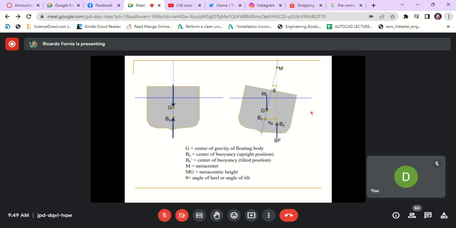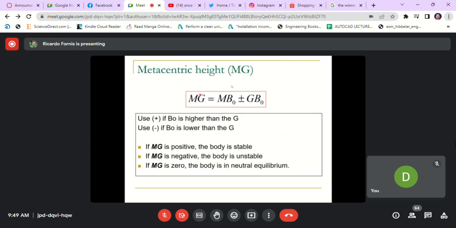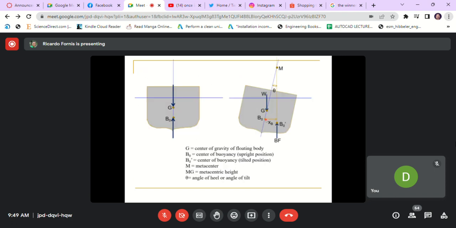The metacentric height MG is calculated as MBO plus or minus GBO. If we go back to the figure, the BO is not necessarily below the G. There's a possibility that the BO would be above the G, and if that's the case, then the object is very stable.